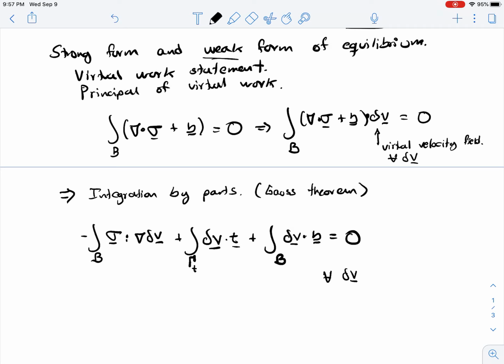And so the gradient of the velocity field, or some arbitrary vector field, has a symmetric part and a skew symmetric part, and the skew symmetric part, when it gets contracted with the sigma, vanishes. So really the only thing that you should care about is the symmetric part.